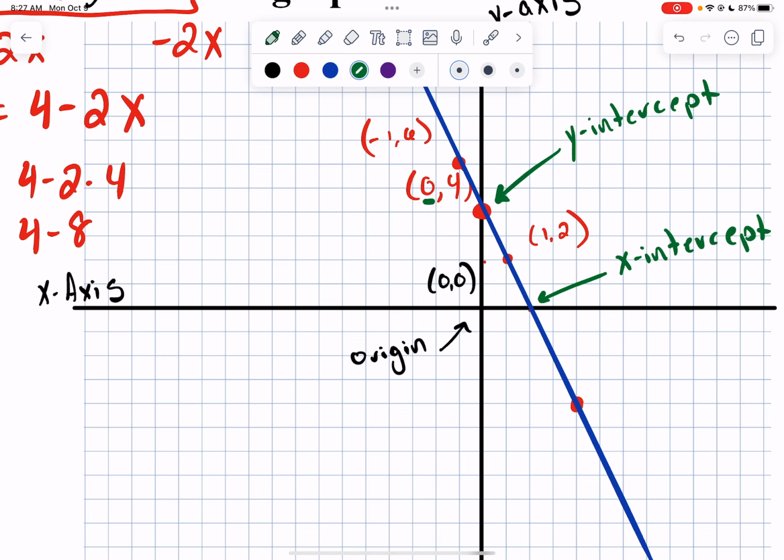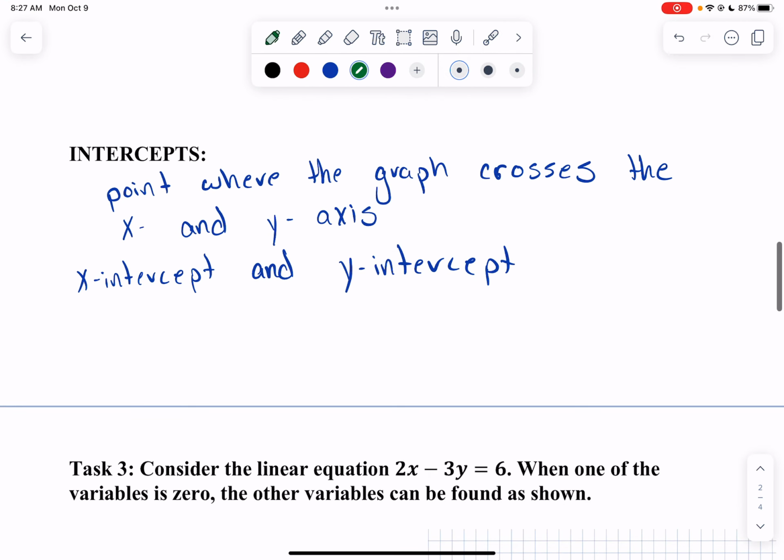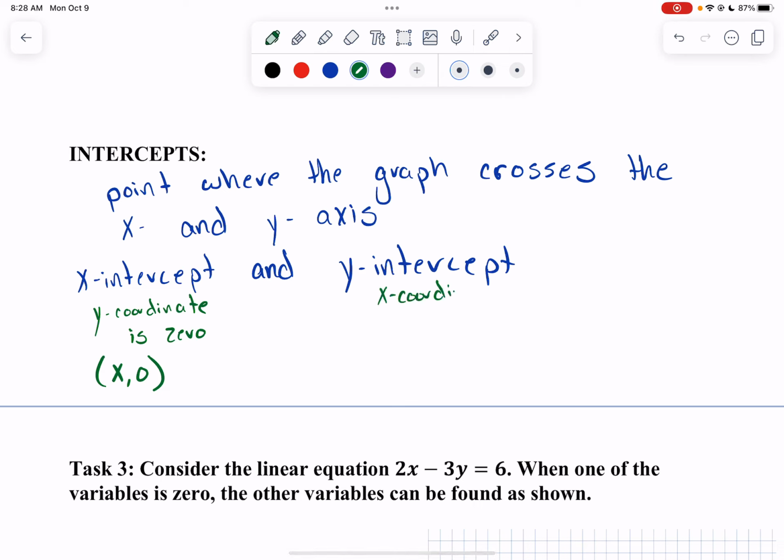We can graph the ordered pair for that. That looks to be the point (2, 0). And again, look at the y-coordinate: the y-coordinate is 0. So at the x-intercept, the y-coordinate is 0. It's going to be (x, 0). At the y-intercept, the x-coordinate is 0.